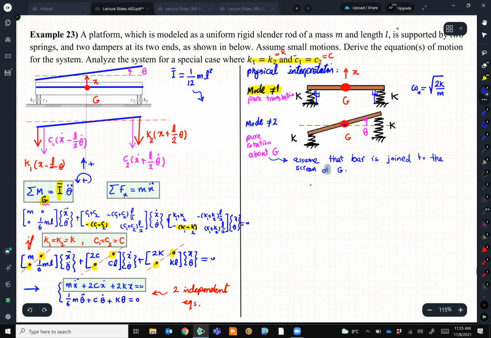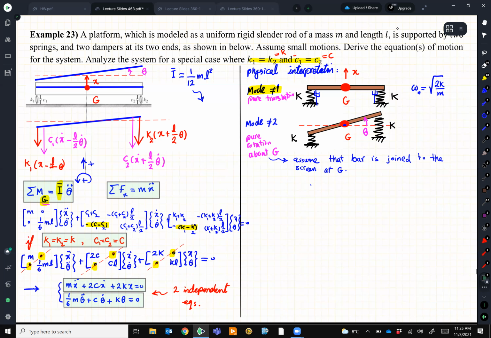Because it's pure rotation, it can spin about point G. That's all. Point G doesn't move up and down. Why? Because our equations prove that there is no x in our equations, right? It is only theta. If it is only theta, it means x is 0, so it doesn't go up and down, it only rotates. So here is then the physical interpretation of this system.